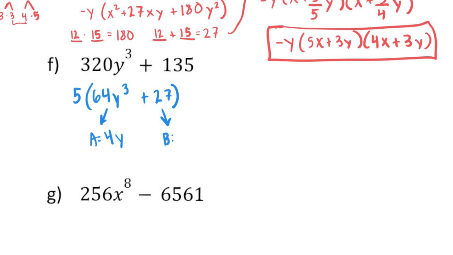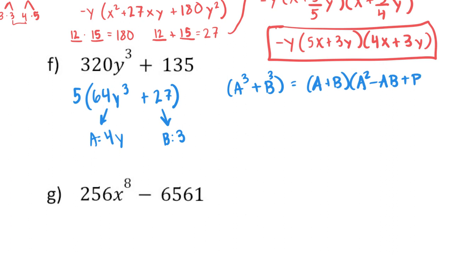And my b is, the cube root of 27 is 3. I have this rule, a cubed plus b cubed is equal to a plus b times a squared minus ab plus b squared.